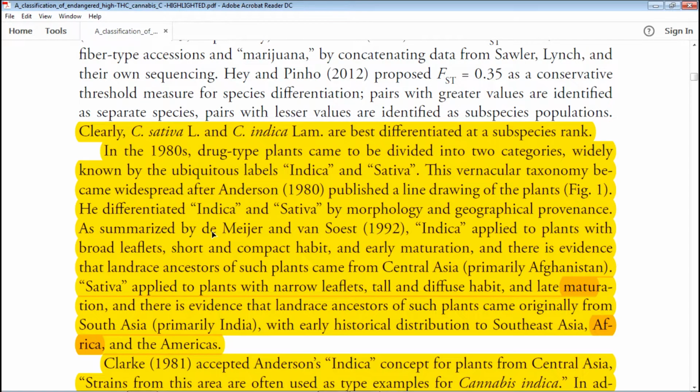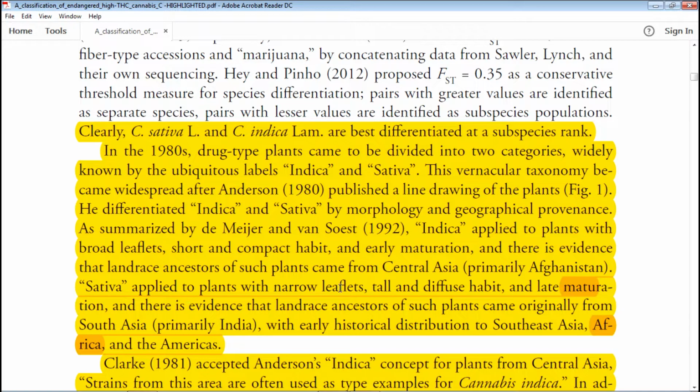As summarized by de Meijer and Van Soest, indica applied to plants with broad leaflets, short and compact habit, and early maturation, and there's evidence that landrace ancestors of such plants came from Central Asia, primarily Afghanistan.